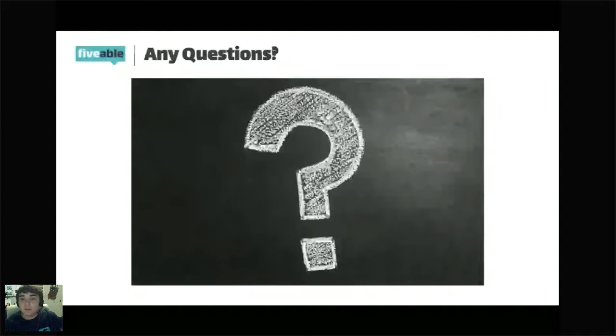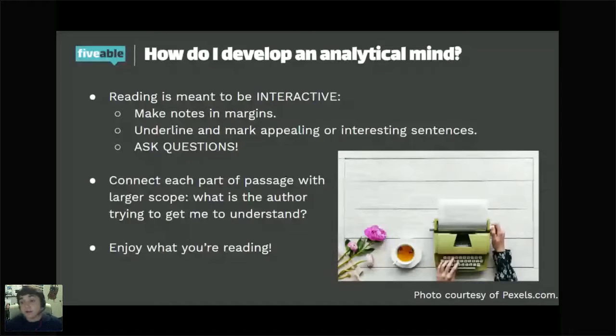So I wanted to go back to this slide for just a moment because there was something I forgot to mention, and that is larger scope. Even when we were reading the letter from Gandhi to Lord Irwin, when it comes to literature, there's a reason why certain pieces are picked for the AP exam, and a reason why certain pieces are not.